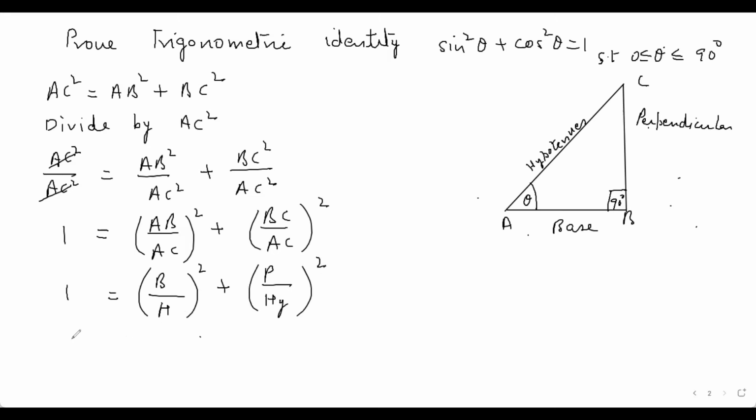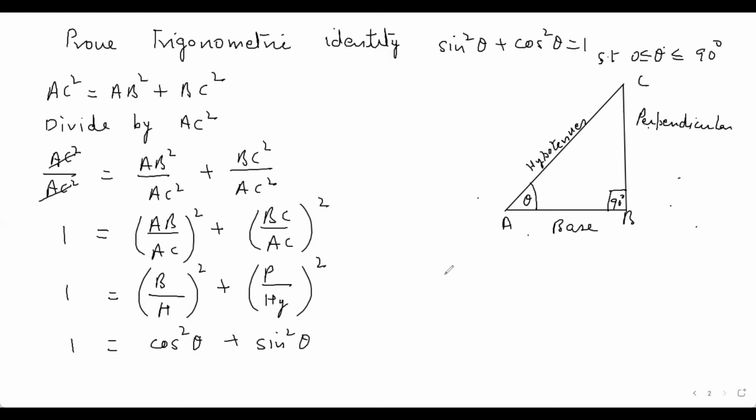So base by hypotenuse is cos square theta and perpendicular by hypotenuse is sine square theta. We know base by hypotenuse, we know that is cos theta. There is square, so this is cos square theta. Perpendicular by hypotenuse, we know this is sine theta, and there is square, it means this is sine square theta. So 1 is equal to cos square theta plus sine square theta.